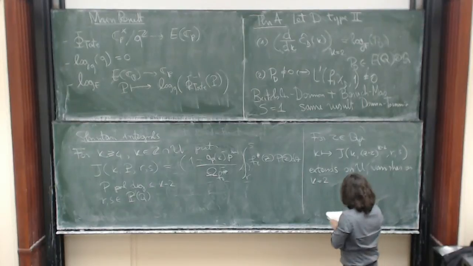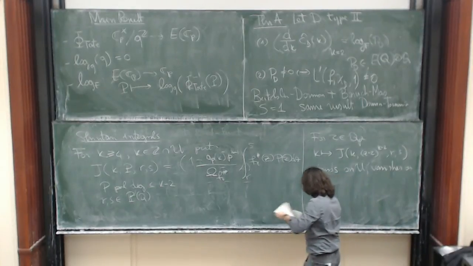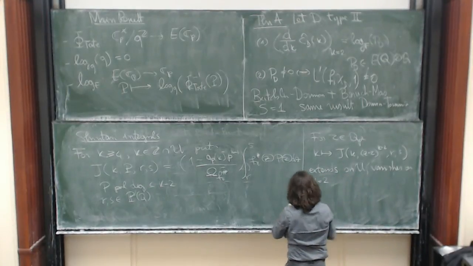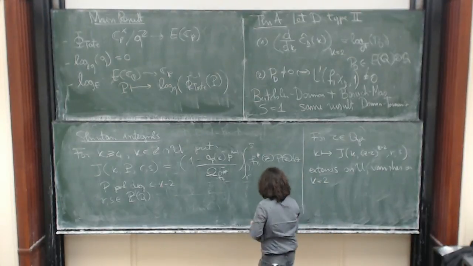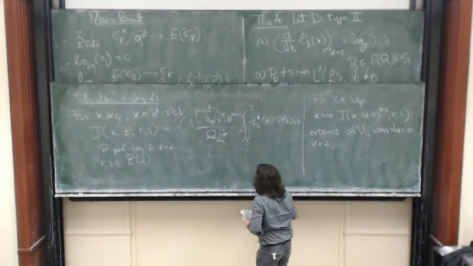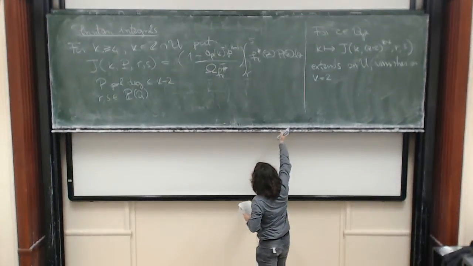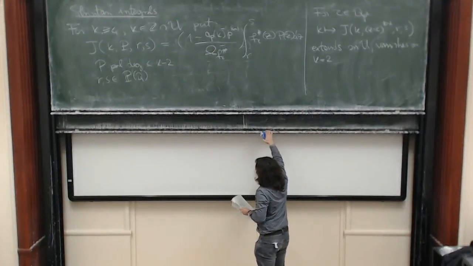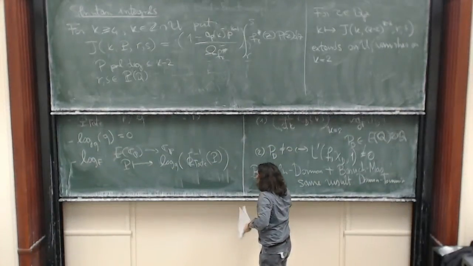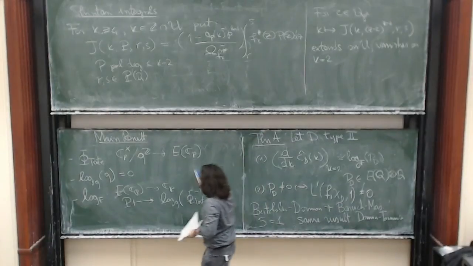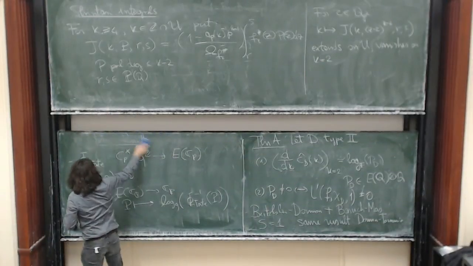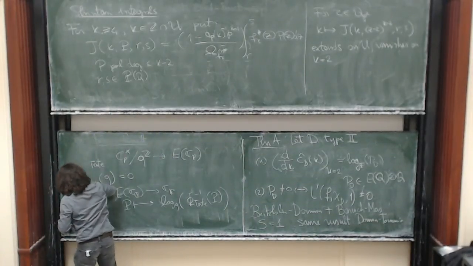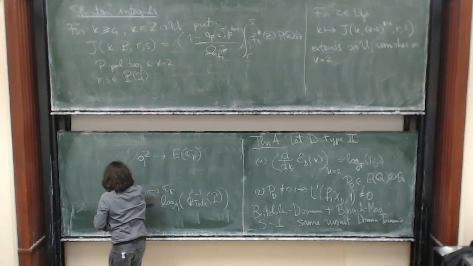So the point is that these Shintani integrals are connected with the Fourier coefficients of our half-weight modular forms from one side, and from the other side they are connected to global points on elliptic curves.